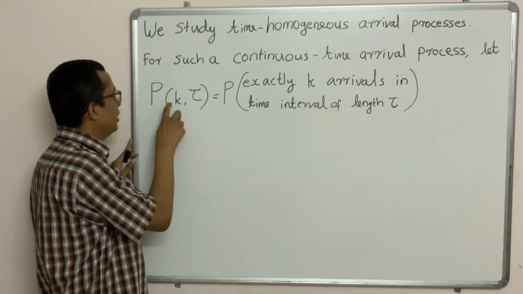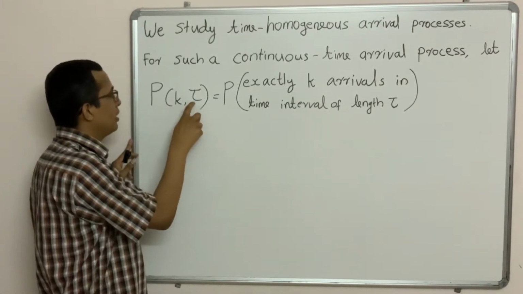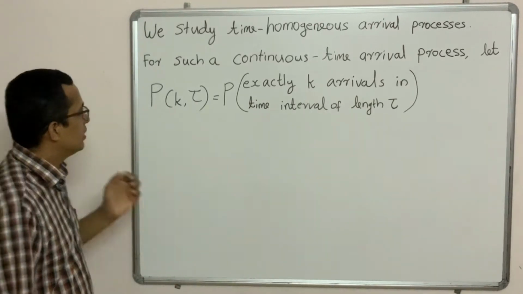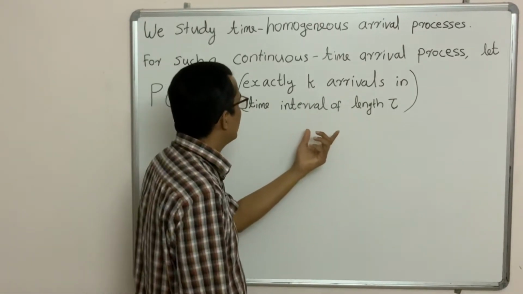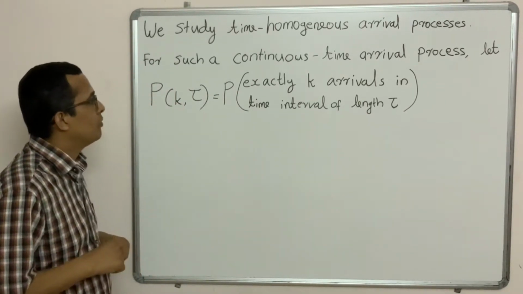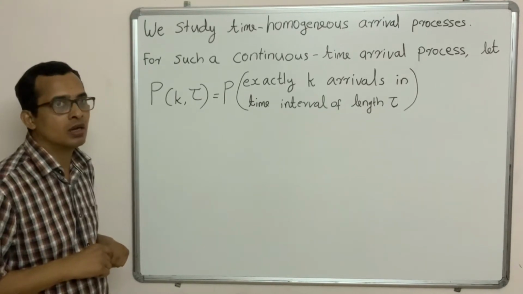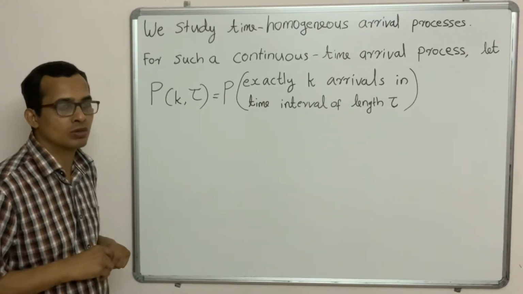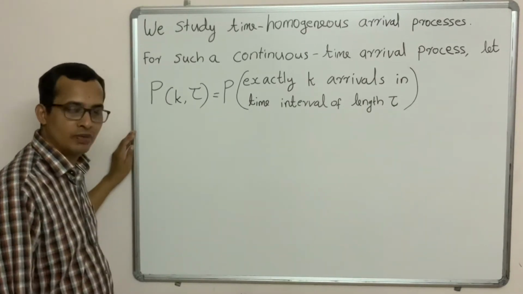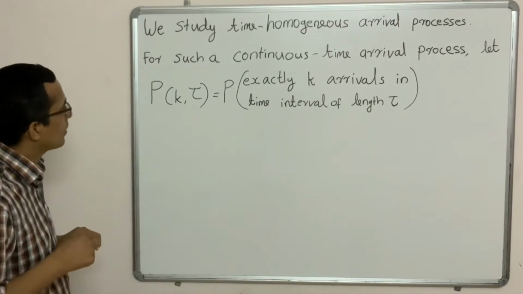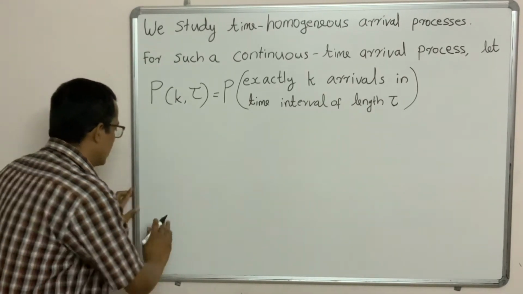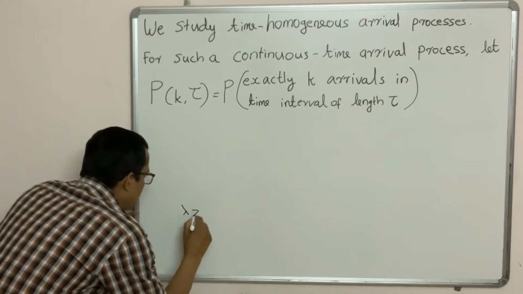So for any non-negative integer k and any positive number tau, you look at P_k(tau), which is the notation used to denote the probability of exactly k arrivals in an interval of length tau. This notation is very crucial in the following definition of Poisson process. In the Poisson process definition, we also will use something called lambda. So lambda will be a positive parameter.